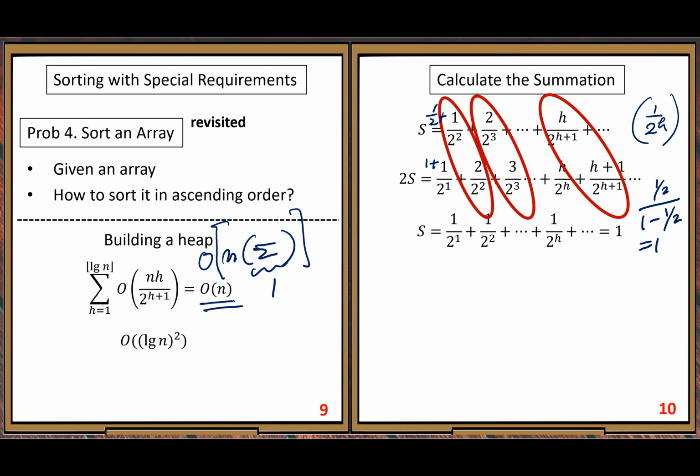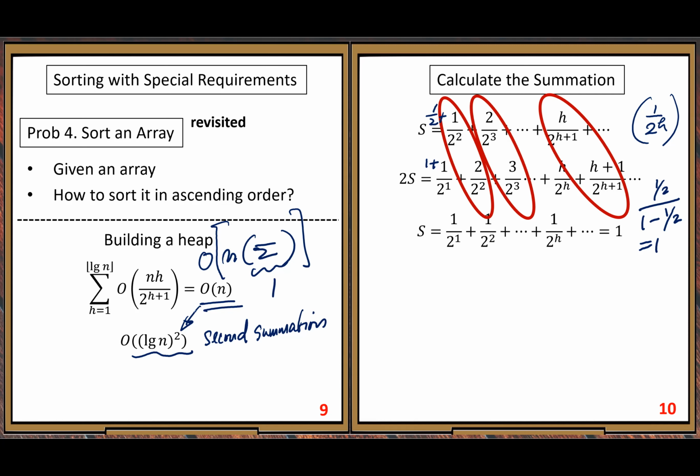Then let us bring back the second summation. The second summation, log n squared, is dominated by the first term. The first one dominates the second one, so we do not need to consider the second summation.